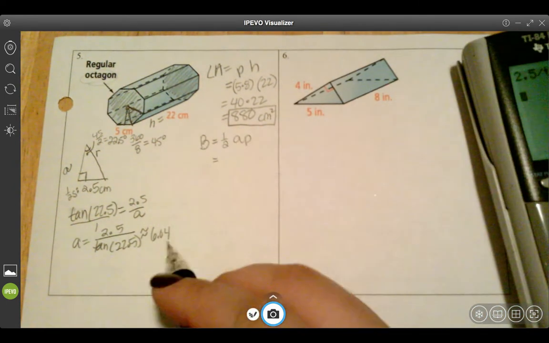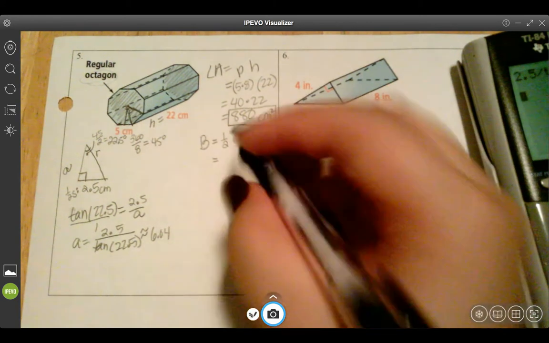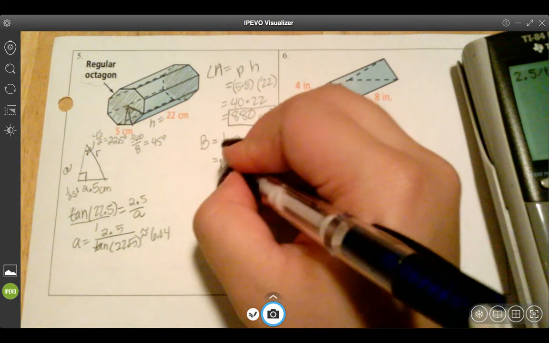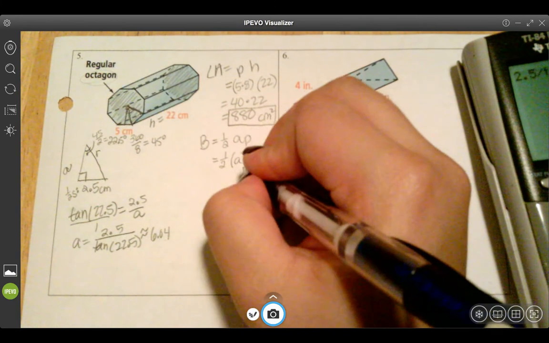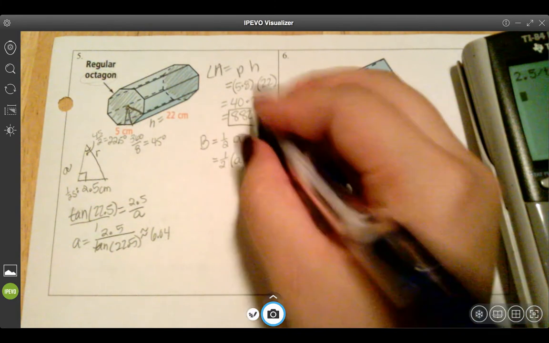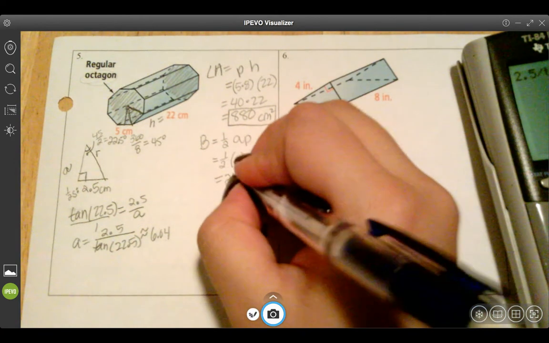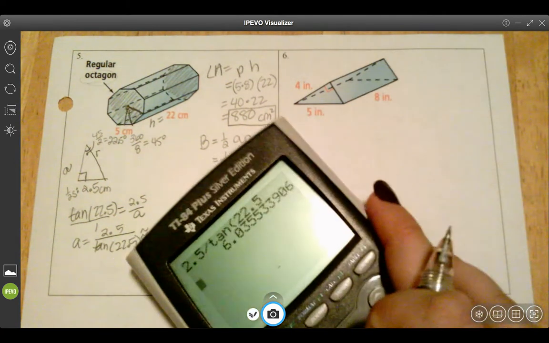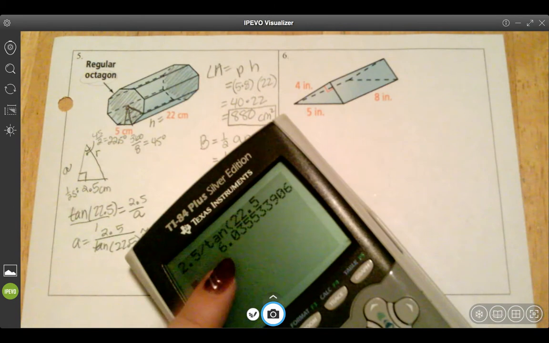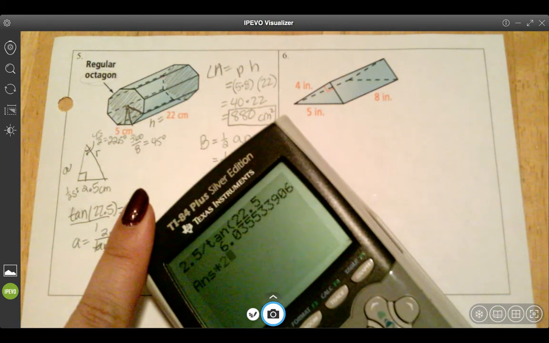But I'm not going to estimate that. I'm going to actually use A each time. So 1/2 my exact value of A times the perimeter. We already calculated the perimeter before, it was 40. So that is 20A. Now, why am I leaving it as 20A? I'd like to take this exact value times 20.